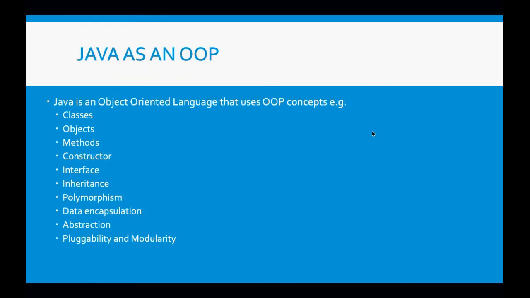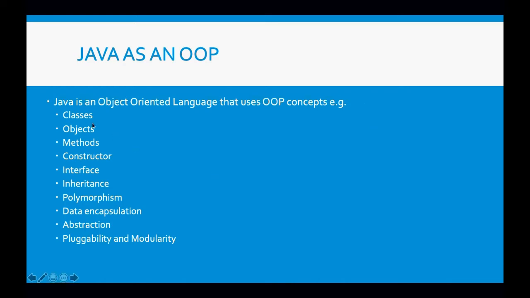Java is partly an object-oriented language and uses different OOP concepts such as classes, objects, methods, constructors, interface, inheritance, polymorphism, data encapsulation, abstraction, pluggability, and modularity.